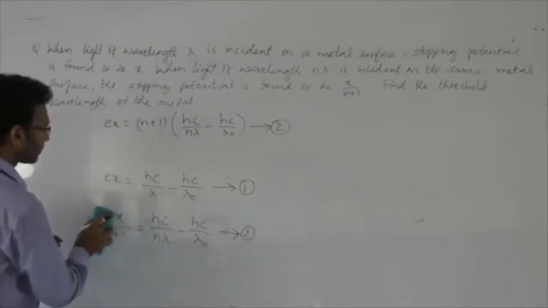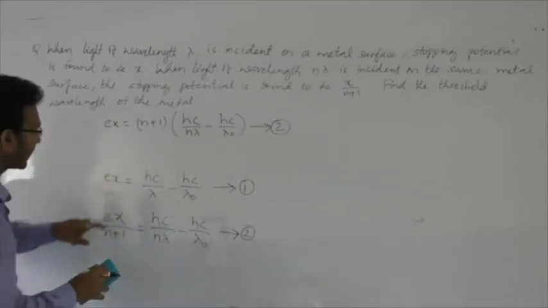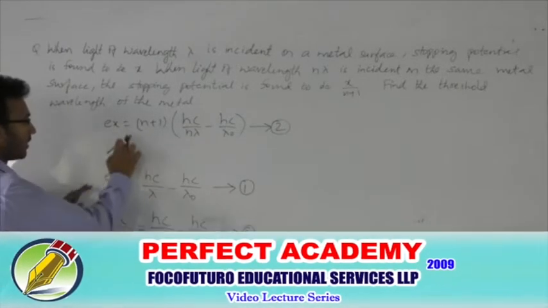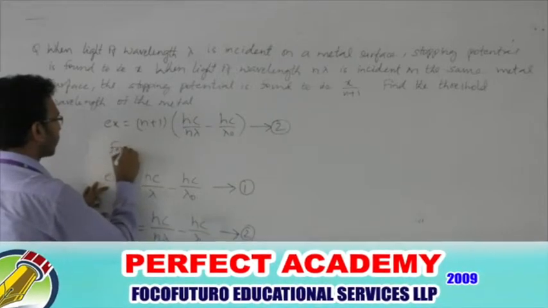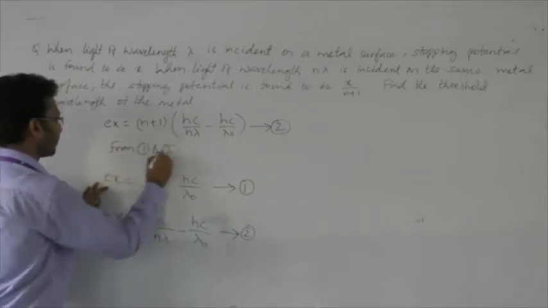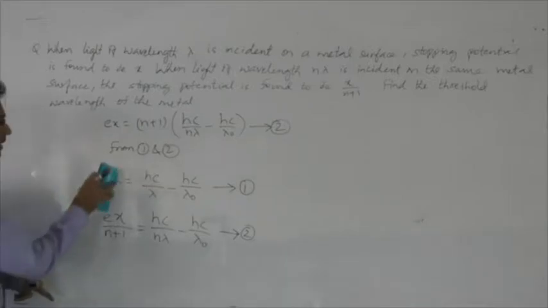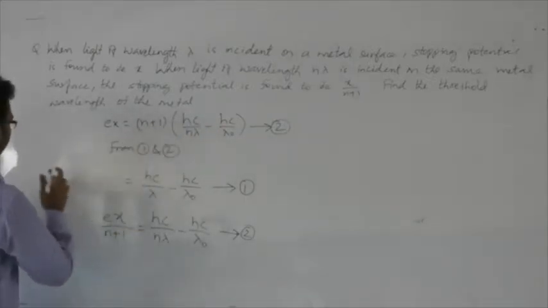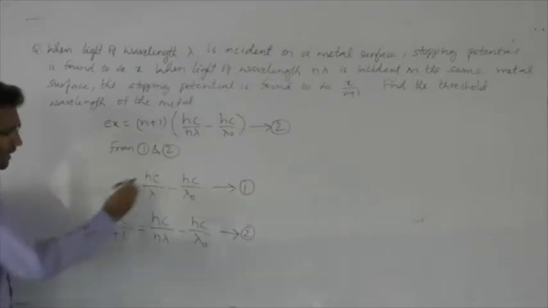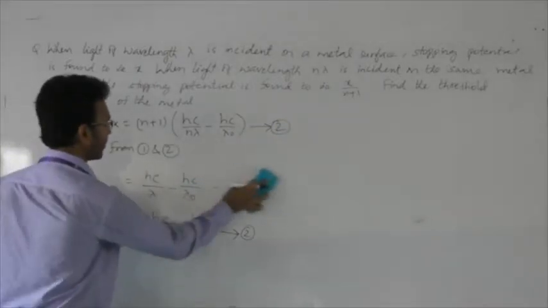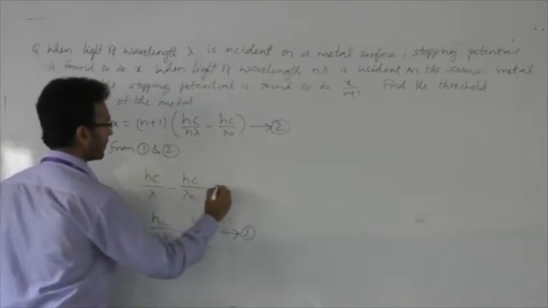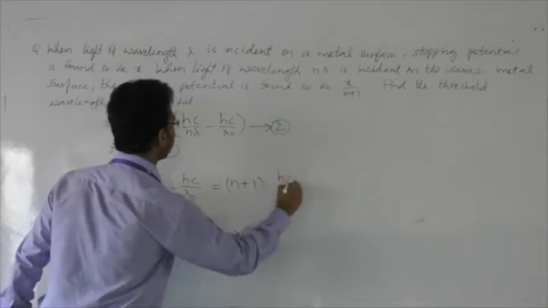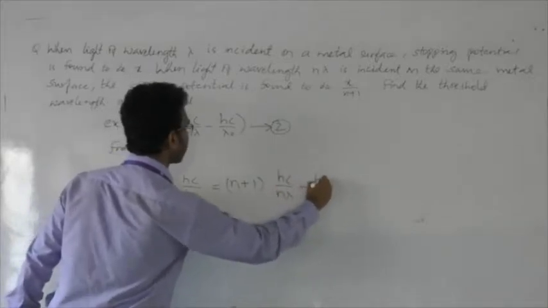From equations 1 and 2, instead of E x, I'll write this entire term, n plus 1 times hc by n lambda minus hc by lambda naught. This equals the first equation's term, hc by lambda minus hc by lambda naught.